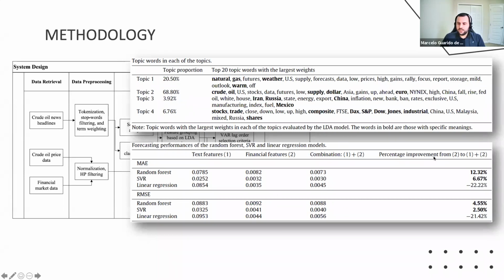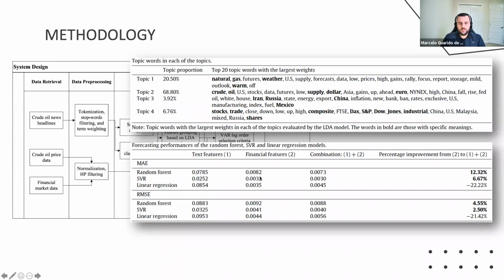And they showed here when you are using a combination of 1 plus 2, where 1 is the text features and 2 the financial features, you got better metrics compared to only using financial features. If you only use the text features, you're not getting a good prediction.